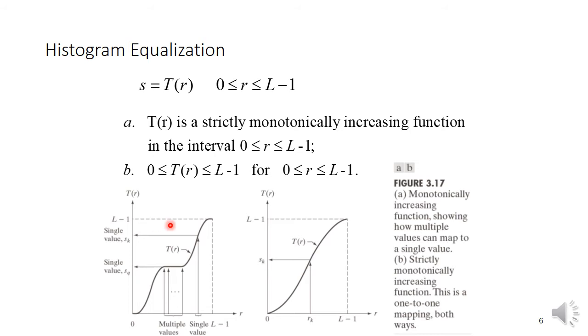Here you can see that we have a function which is applied on the input values R, where the lowest value is 0 and the maximum value is L minus 1.